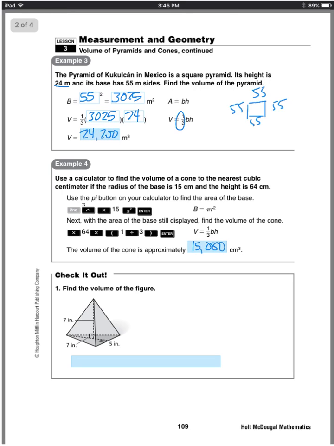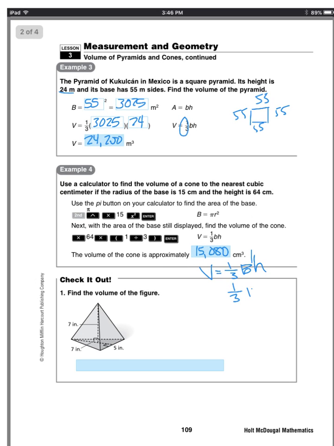All they did was, very confusingly, write volume equals 1/3 base times height, and then 1/3 pi r squared h, which is 3.14, the radius was 15 and the height was 64, and they multiplied that all together and divided it by 3 and got 15,080. So remember the formula, and that last step to divide by 3.